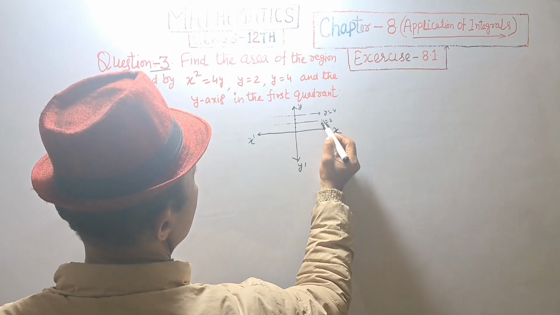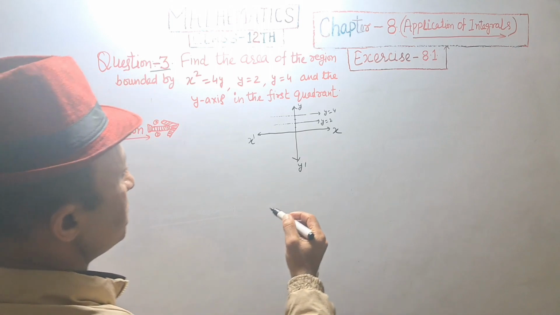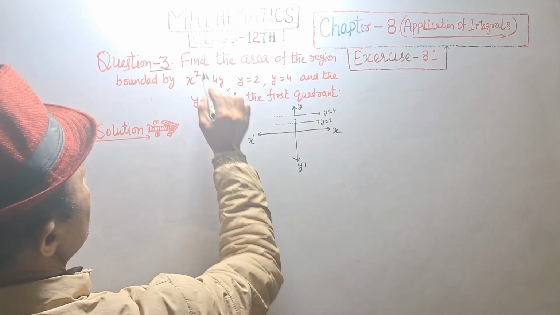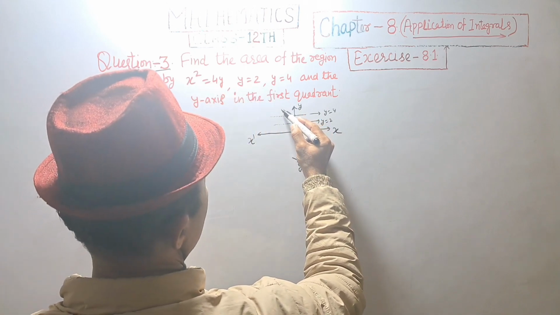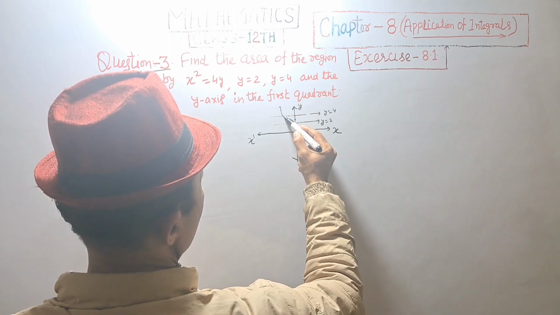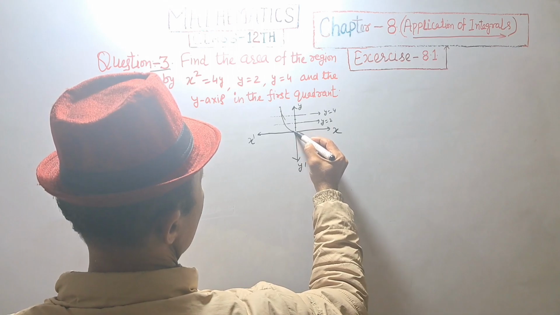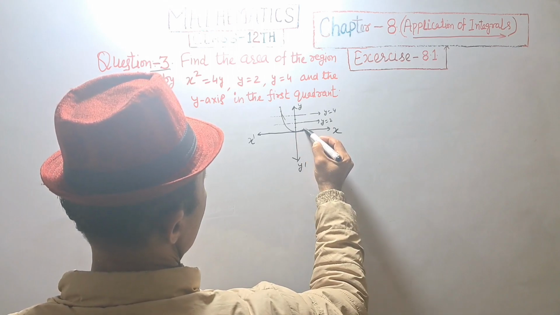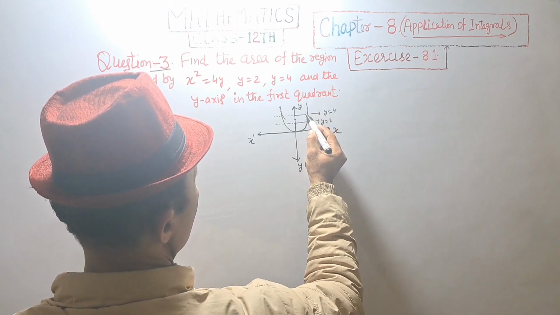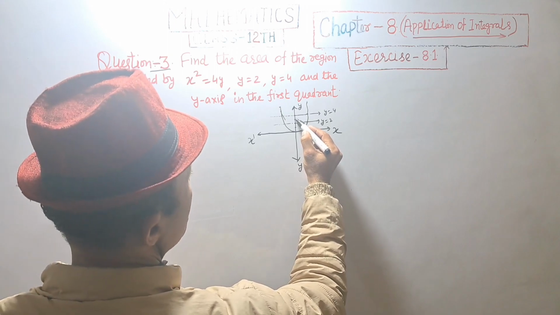Y equal to 4. X square is equal to 4y. Y is equal to 2.